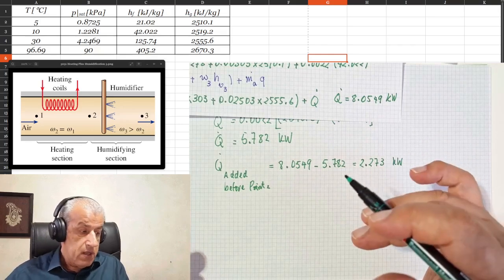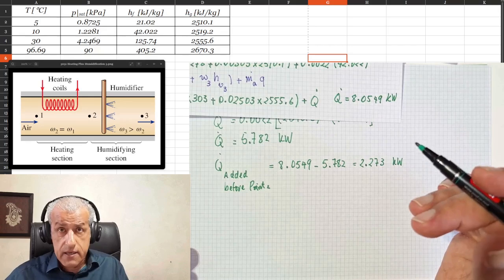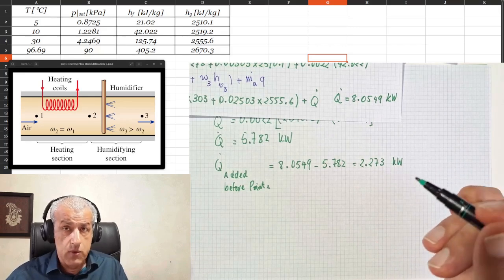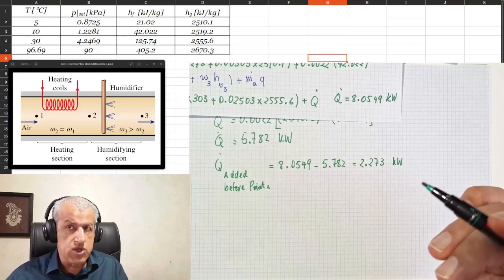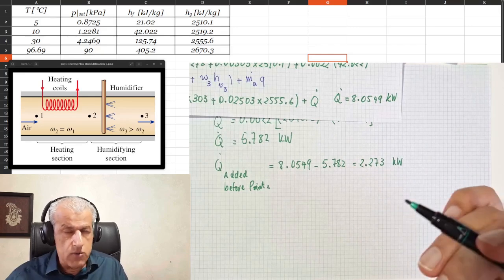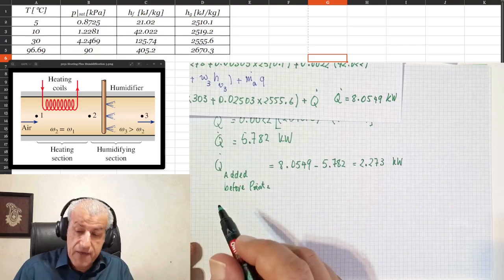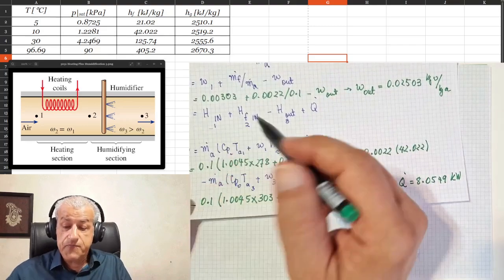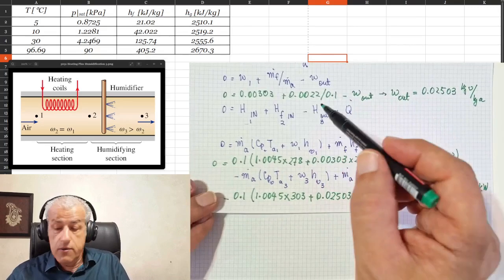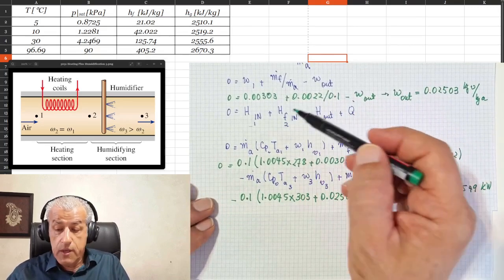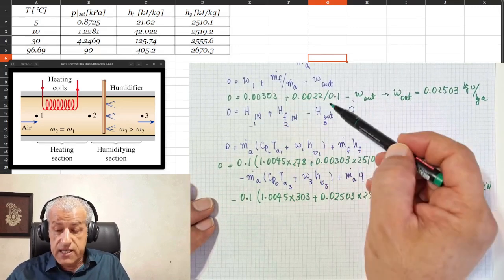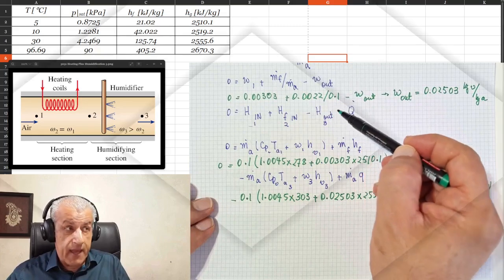Now, if we do that between point 1 and 2, then the specific humidity won't change because there is no injection of water into the airstream. And therefore, if we want to repeat our first law equation, we will have just H in and H out, and moreover, W1 and W2 would be the same.